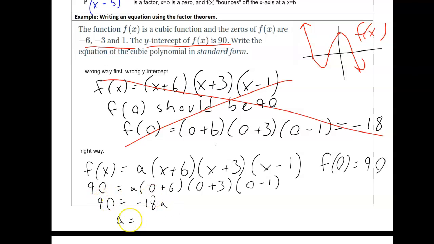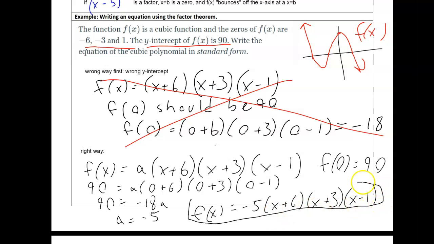And then a is going to be -5. So then I plug that in. So I get f of x is equal to -5, x plus 6, x plus 3, and x minus 1. So that is f of x with the correct y-intercept.